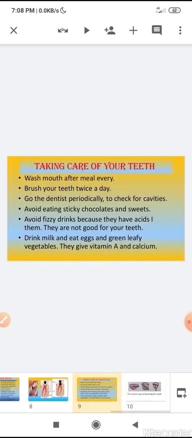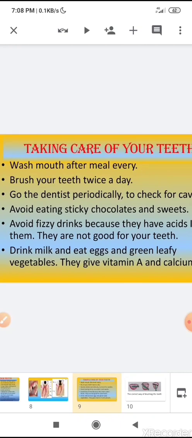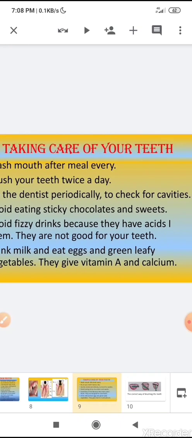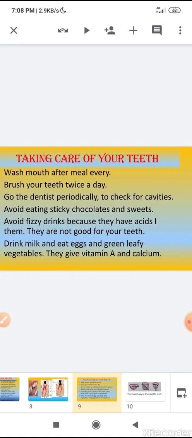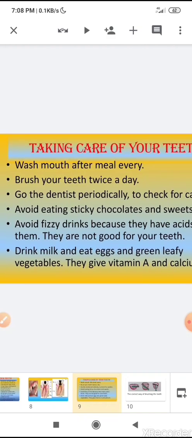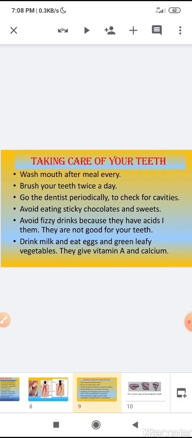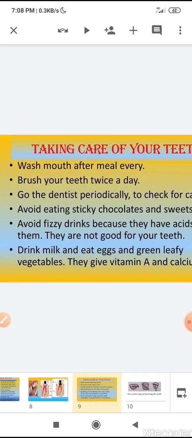The next point of taking care of your teeth is to go to the dentist from time to time to check for cavities. If there is any cavity, the dentist will take care of it and remove it. Avoid eating sticky chocolates and sweets, because when sticky chocolates and sweets get stuck between the teeth, they create a cavity.